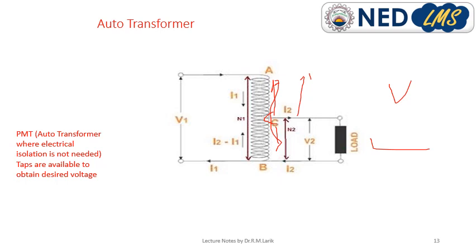Auto transformer has many other uses and applications, including the starting of an induction motor, because the motor needs variable voltage to start. So an auto transformer is used to regulate the voltage of the transmission line and to start the induction motor. The use of auto transformer is beneficial.